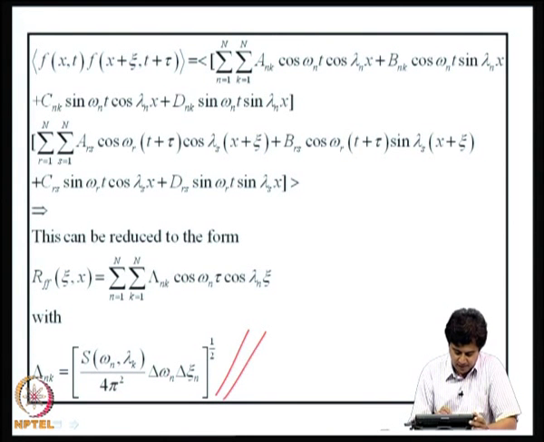We can show that the autocovariance from such a model and from a model which is purely based on the discretized version of the power spectral density function would match if this A_nk, B_nk are selected in a certain particular manner, and you can simulate samples.